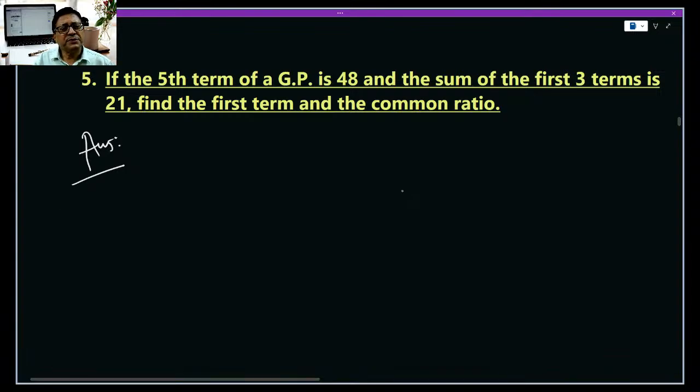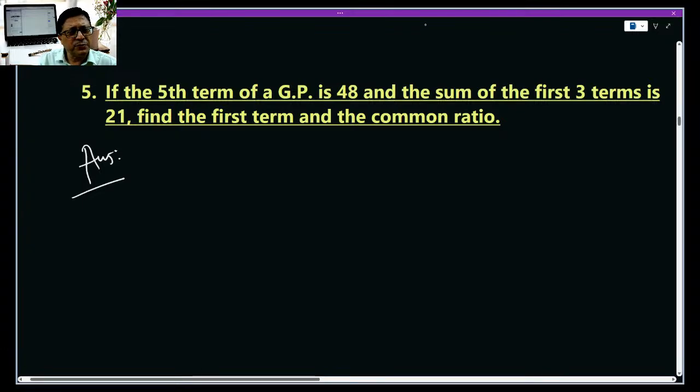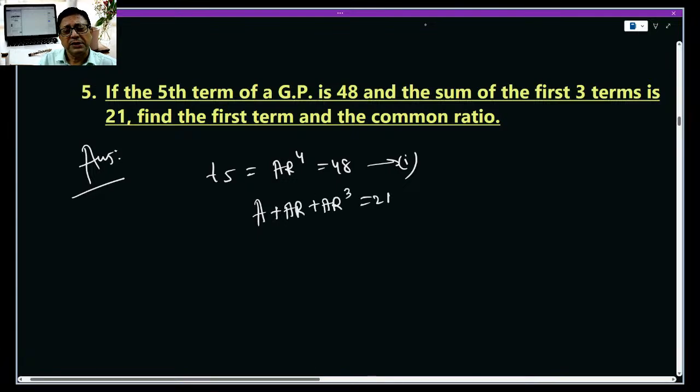Fifth term of GP is 48. So I am not solving this sum fully. That T5, you write AR to the power 4. This is given 48. And sum of three terms, A plus AR plus AR cube is 21. This is given. You have to solve A and R from there.